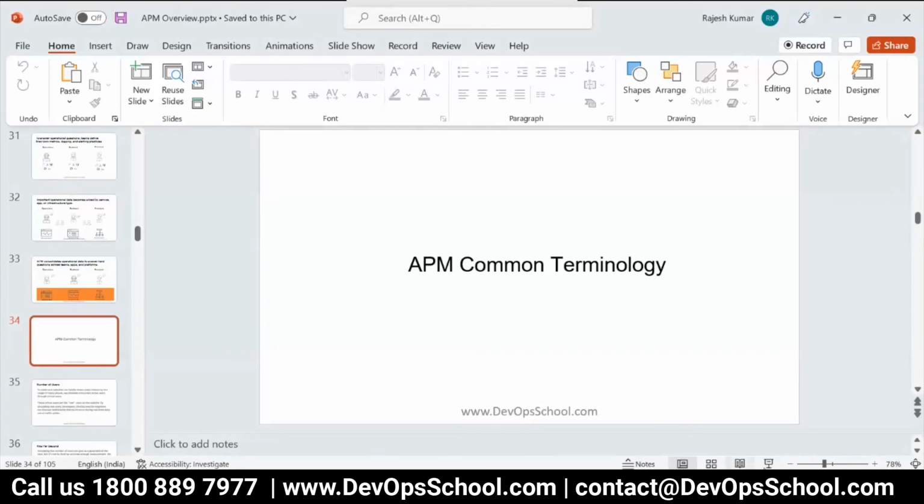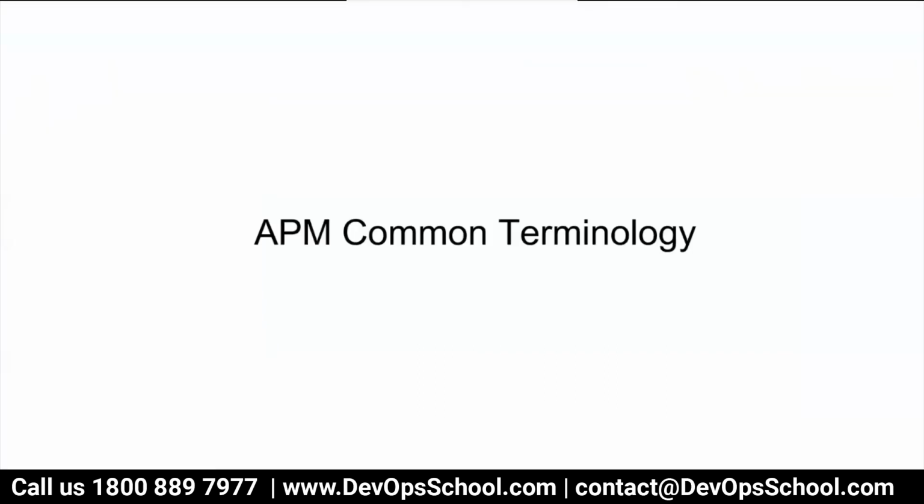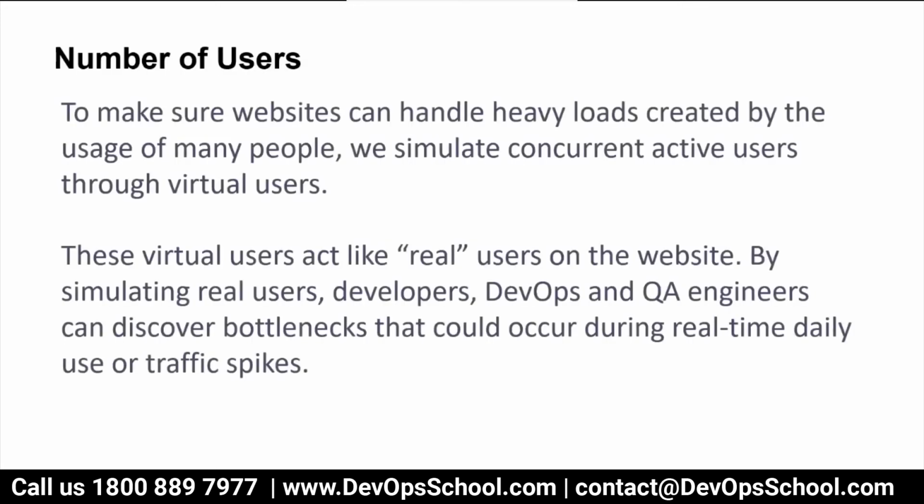Now when you want to get into APM, of course you have to learn some of the terminologies. And I assume that most of the terminologies are easy to understand if you have that context in place. So what is the number of users?